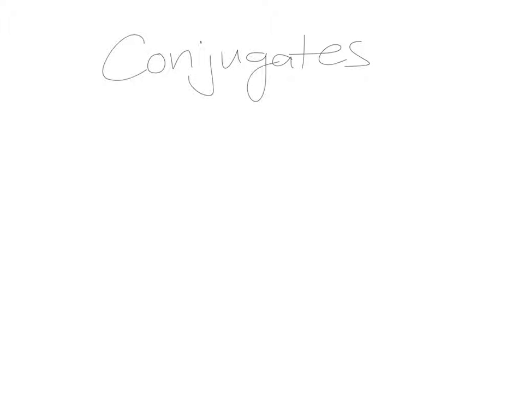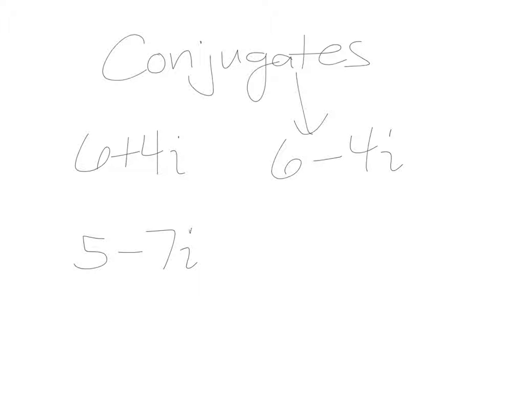For example, if I have 6 plus 4i, the conjugate is 6 minus 4i. Or if I have 5 minus 7i, the conjugate is 5 plus 7i. The middle sign changes, and that's what makes them conjugates. Everything else stays the same.